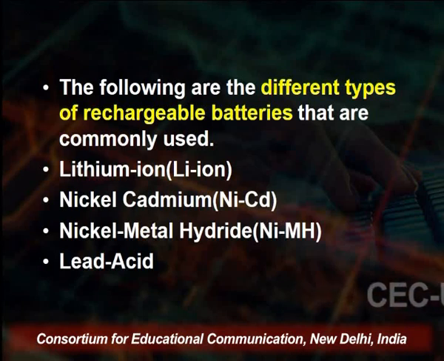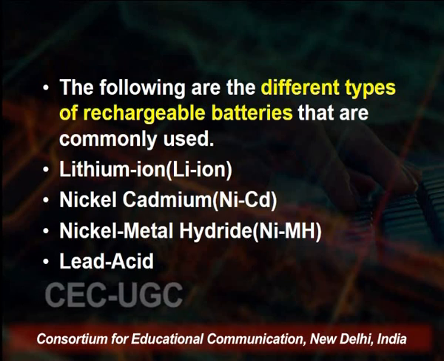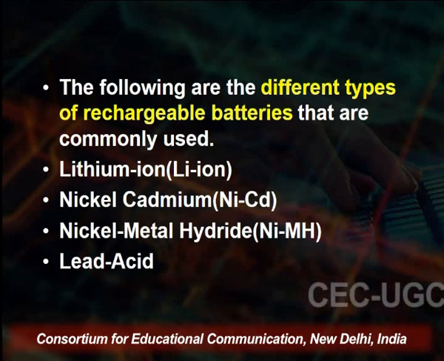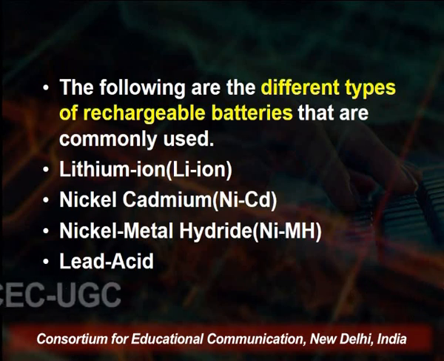So these are the most common secondary batteries, the rechargeable batteries: lithium ion, nickel cadmium, nickel metal hydride and lead acid. We will discuss one by one, starting with the nickel cadmium battery.